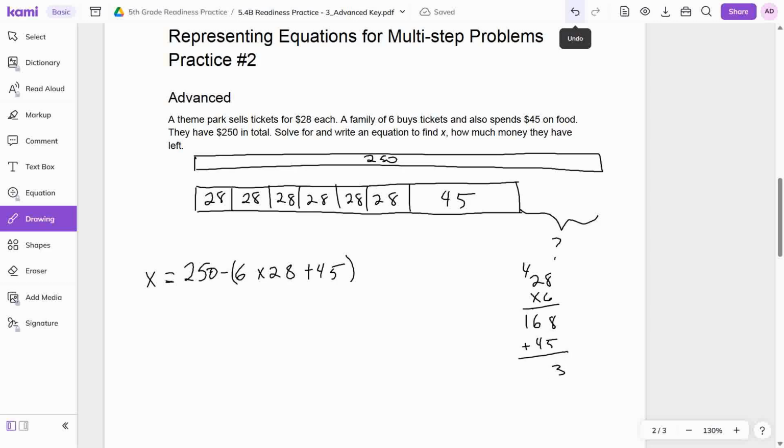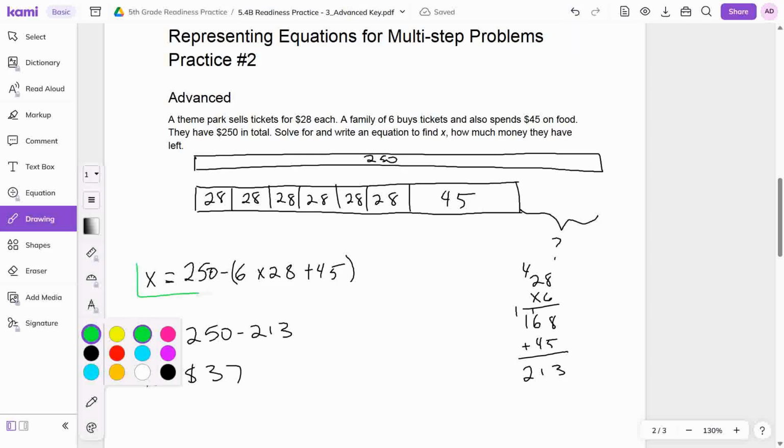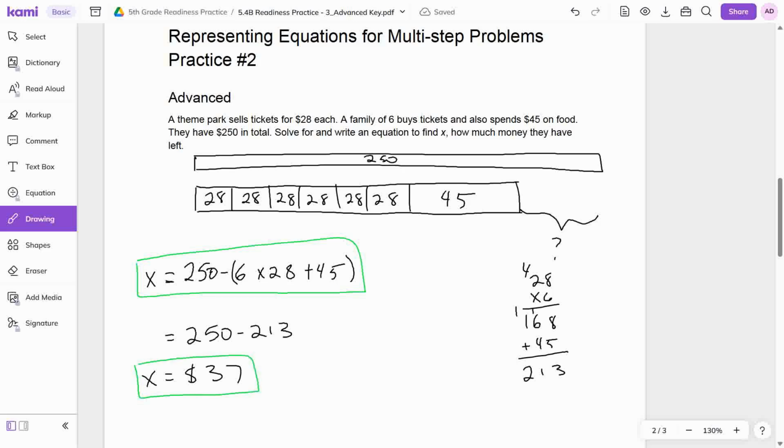It's 13, it's 10, that's 11, 213. So really what I'm going to get is 250 minus 213. And once you add that up, you can say X equals, they've got $37 left. So here's my equation. And then here is the actual value of X.